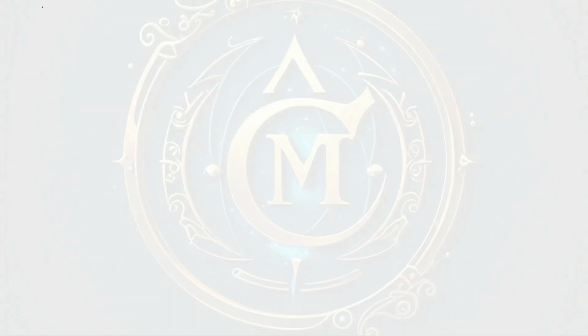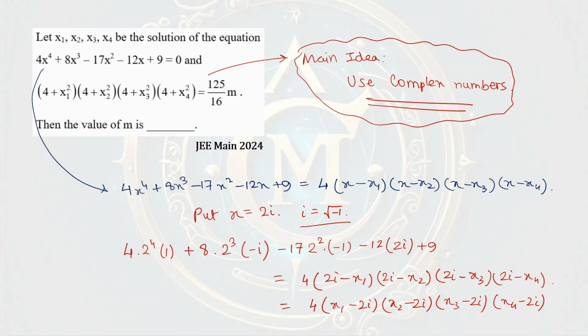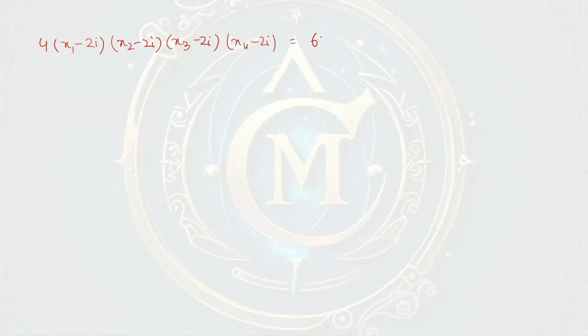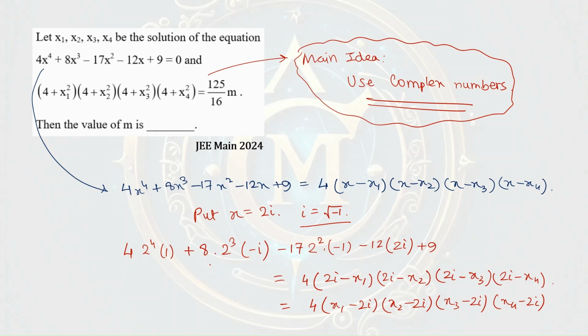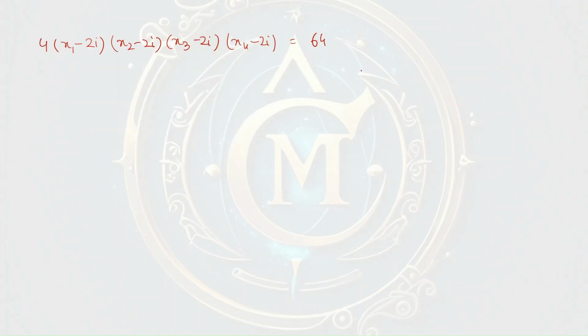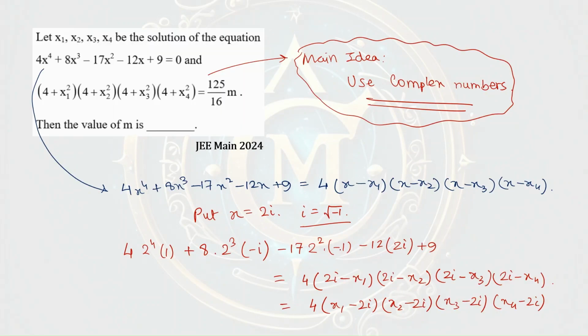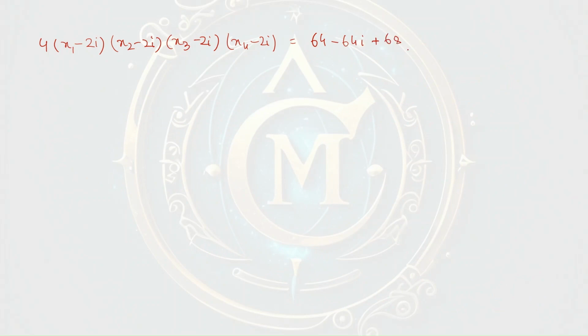So this becomes 4 times (x1 minus 2 iota)(x2 minus 2 iota)(x3 minus 2 iota)(x4 minus 2 iota) is equal to, this will be 4 into 16, so 64, then minus 64 iota, then this will be plus 68, and then it will be minus 24 iota plus 9.